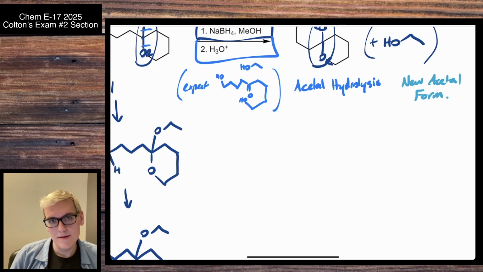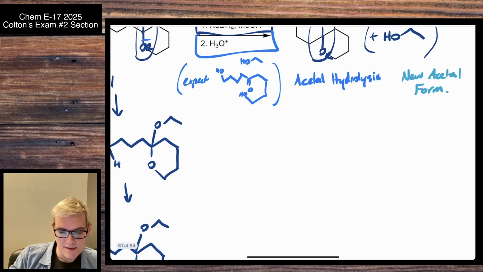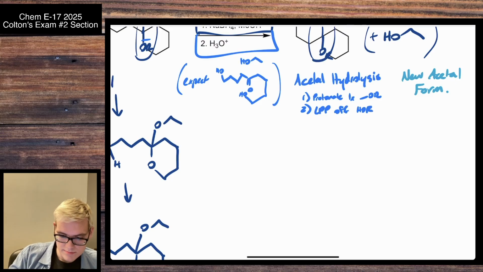So I'm going to just list out the steps of acetal hydrolysis to help me. So step one, we would protonate one of our ORs. Then step two, we would do a lone pair push off the HOR.